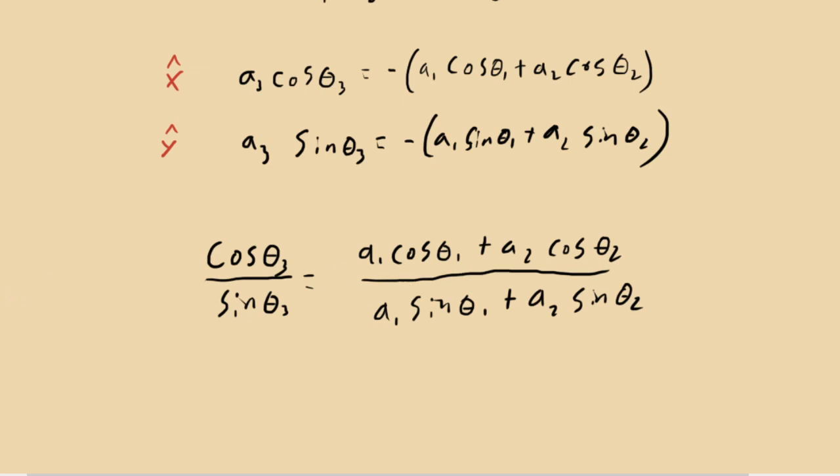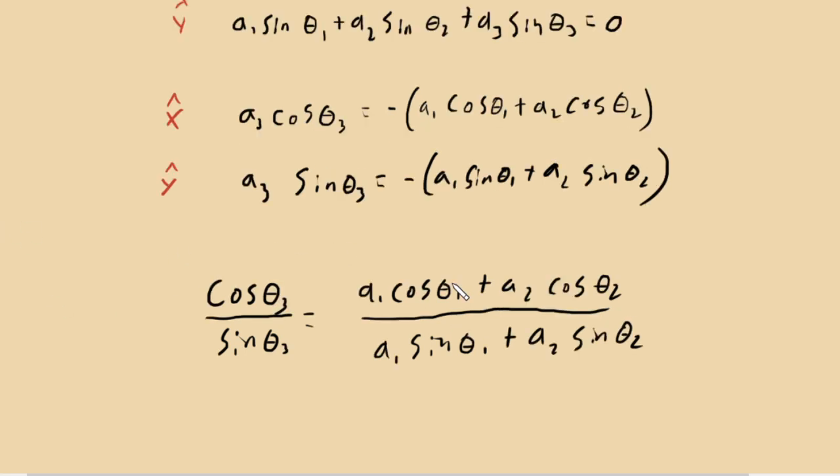I was going to solve for only one direction as we go, but actually I don't think that's true. Let's just take a look. Looking at these two equations, we could solve this a couple different ways, but I decided to divide these two equations by each other in order to get rid of the magnitude of acceleration 3, because right now we don't know our angle 3 and we don't know the magnitude of acceleration.